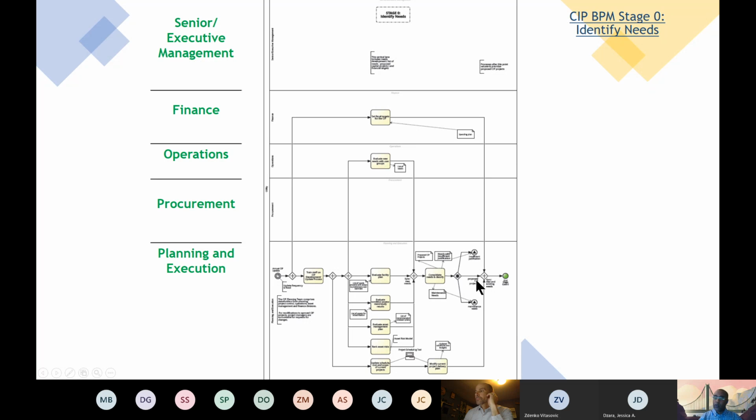So those are the outputs of the identified needs process, or sub-process, or that phase. So here we'll have proposed CIP projects, and also revised, updated schedule, cost, and scope of already approved projects.